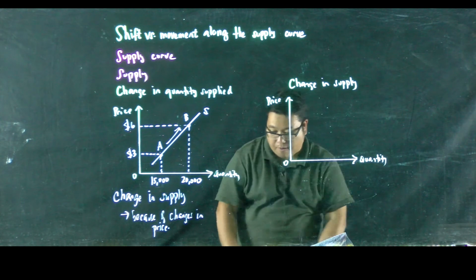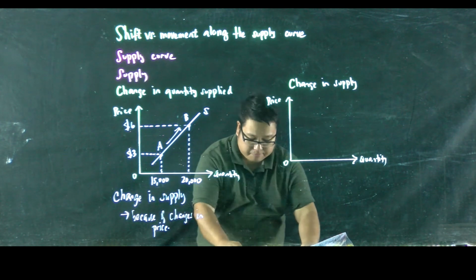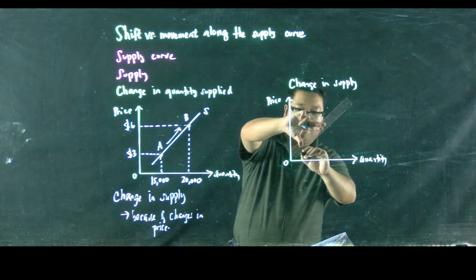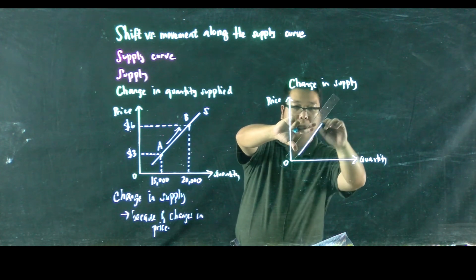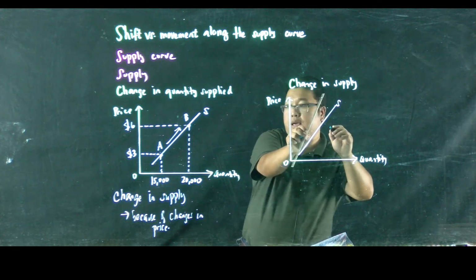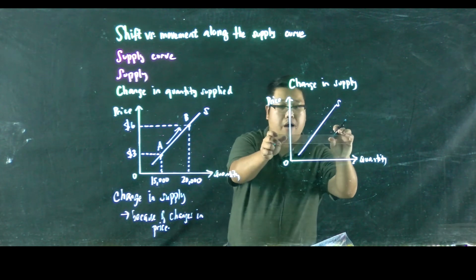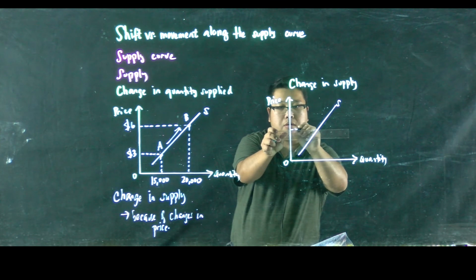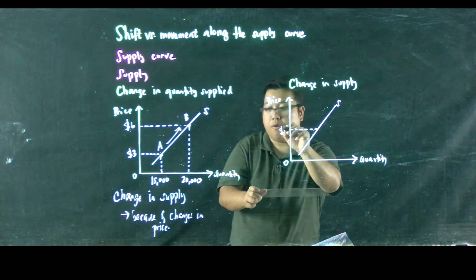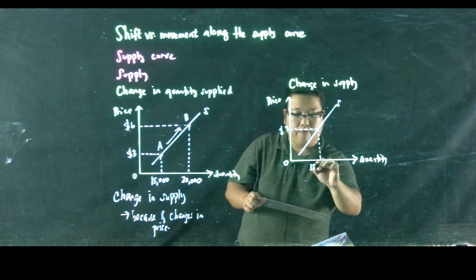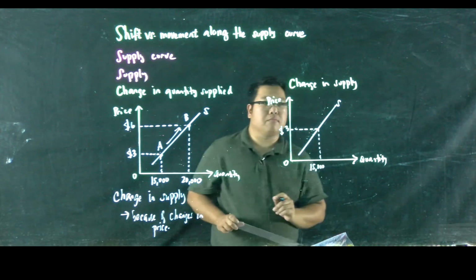And our supply curve is upward sloping. I will call this S. And we know from our previous graph here is that at $3, sellers are willing to produce or sell 15,000 units.